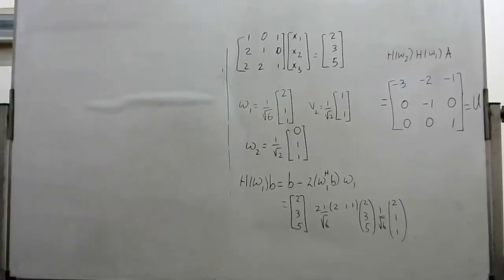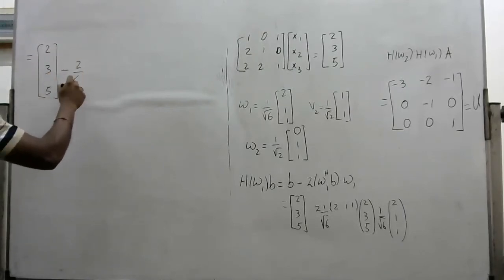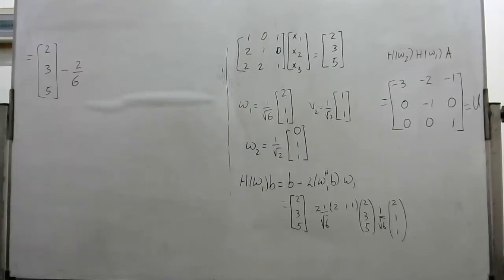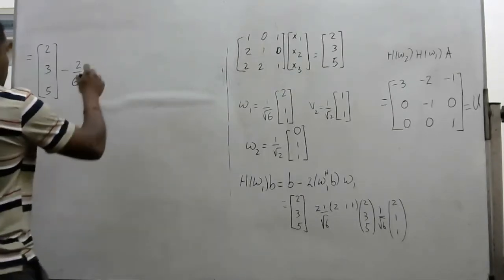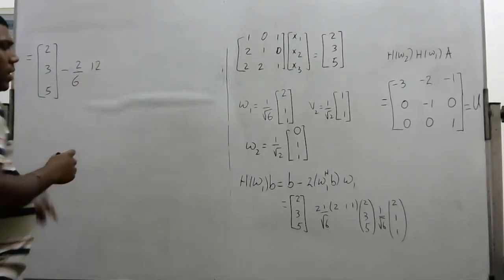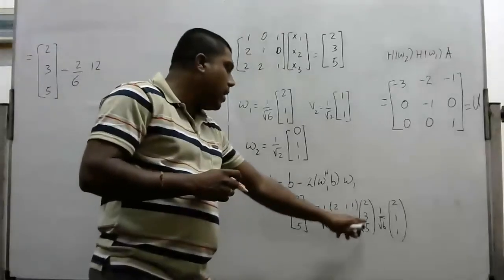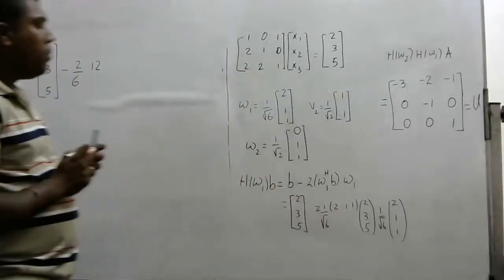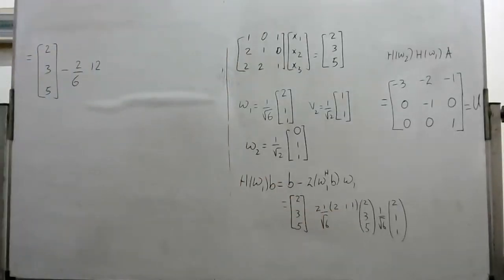When you do the multiplication of columns, you have 2, 3, 5 minus 2 over 6 into 2 into 2, 4, 7, 12. Right, so 2 into 2, 4 plus 3 plus 5: 4 plus 3 is 7, plus 5 is 12.